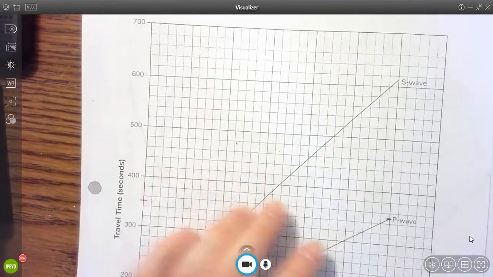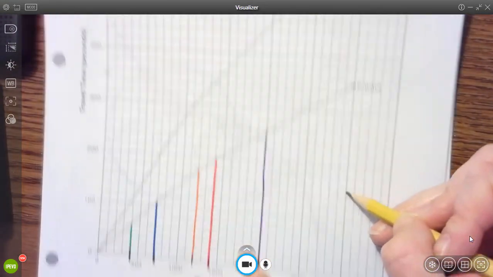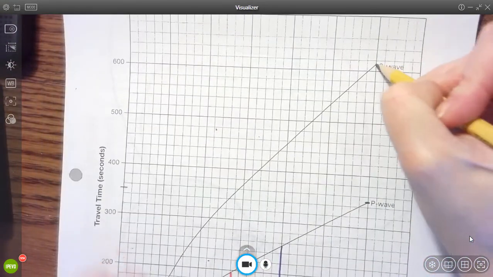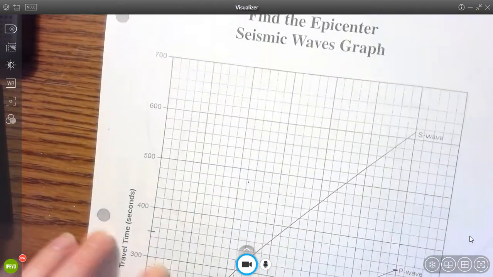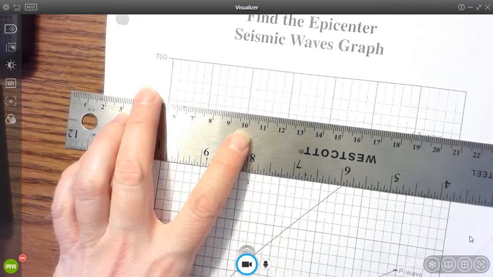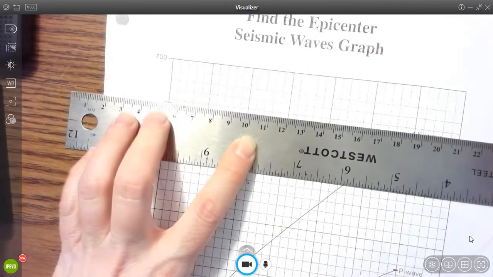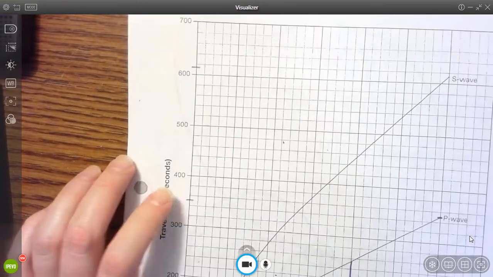Now let's look at the S wave. So again, we're going to start down here at 3,000 kilometers. We're going to go up to the S wave right here, and I'm going to use a ruler to make a mark directly across from that so that I can read how far that is.